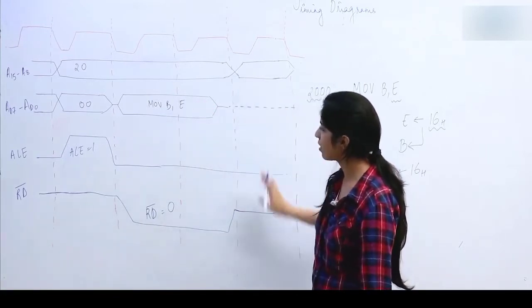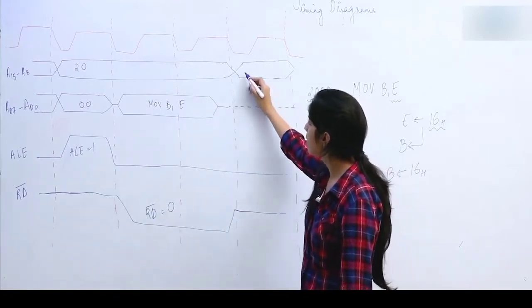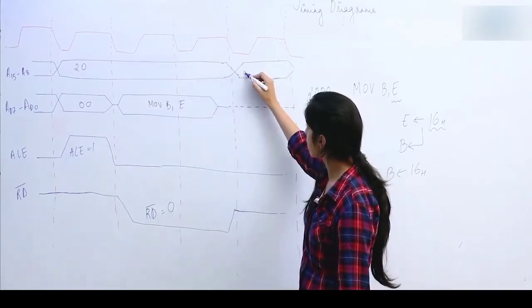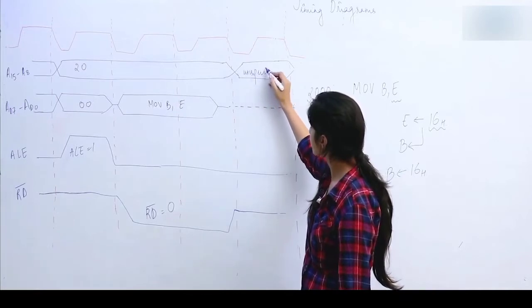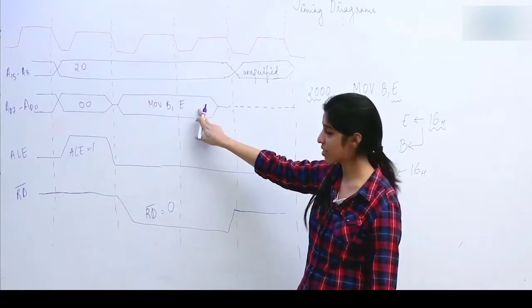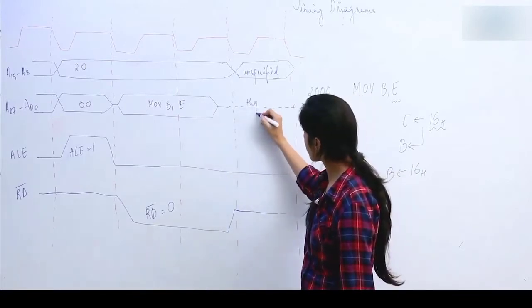Now, in the 4th T state, what is going to happen? The contents of this address bus are undefined, unspecified, and this multiplexed bus is going to be high impedance.